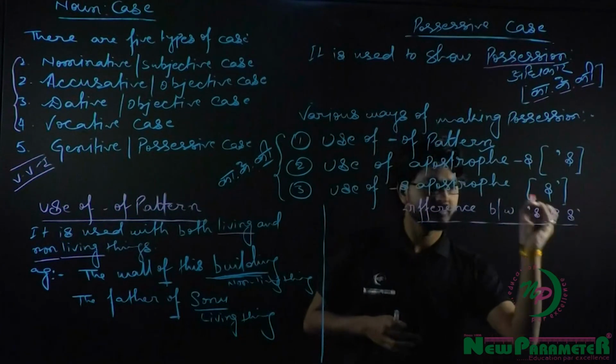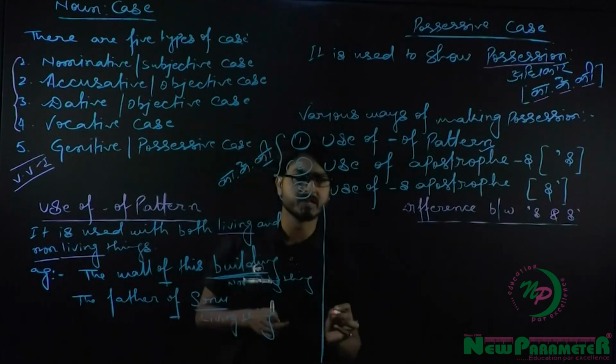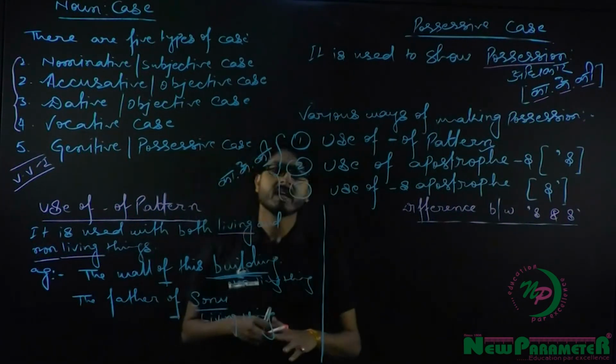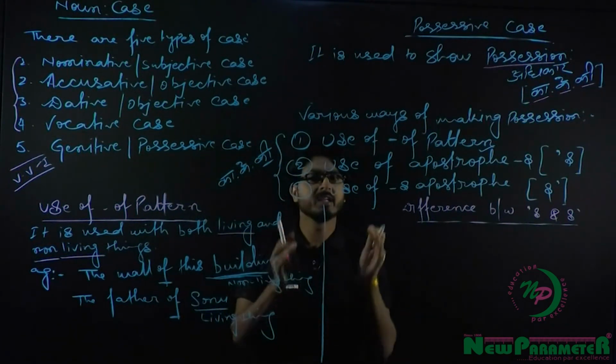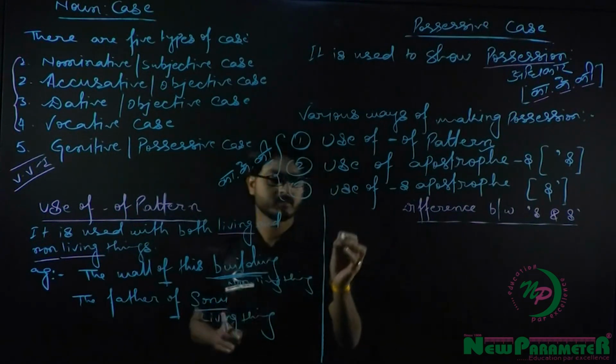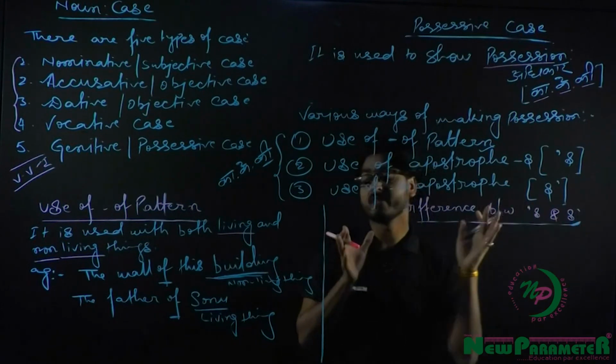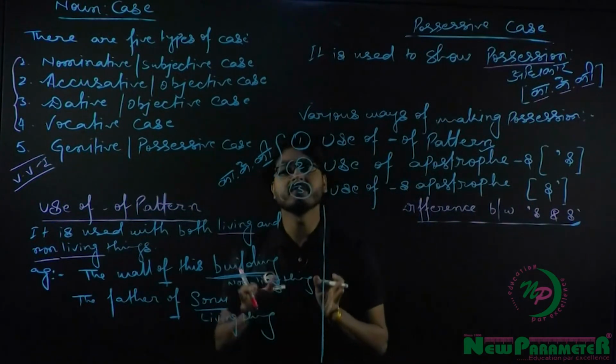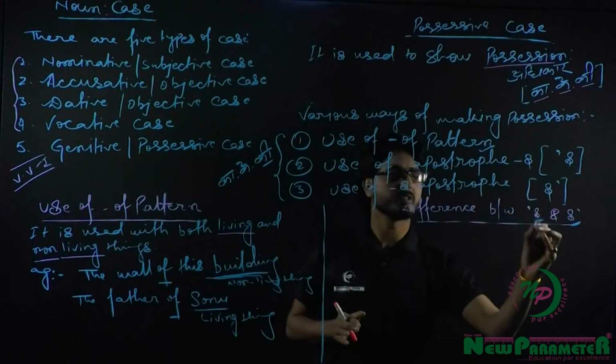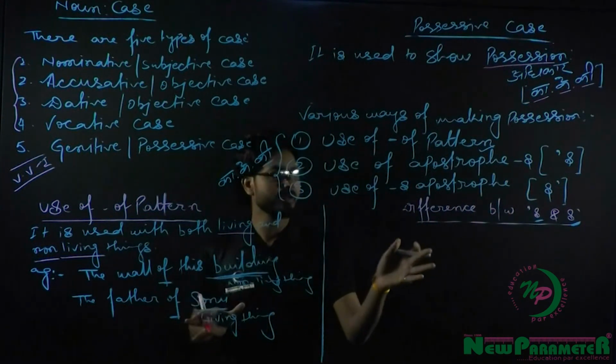This is again one of the most important points. See, any noun, if a noun ends with s, we give s apostrophe, and if a noun doesn't end with s, we go for apostrophe s. It will be clear with the example.